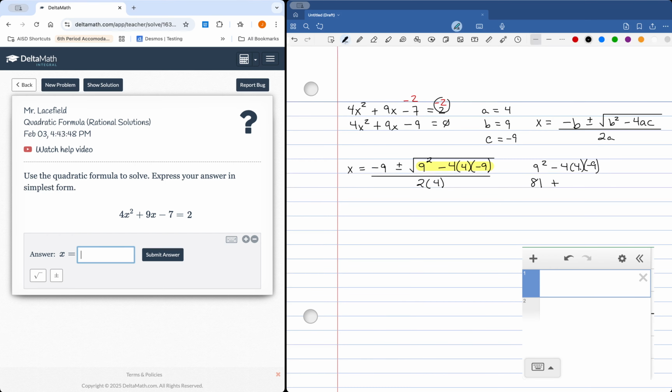Let's see, negative 4 times negative 9. So that's adding 144.